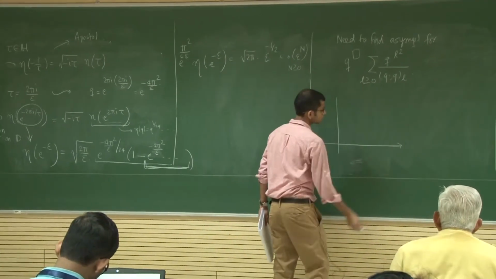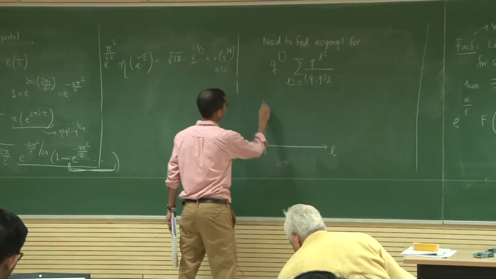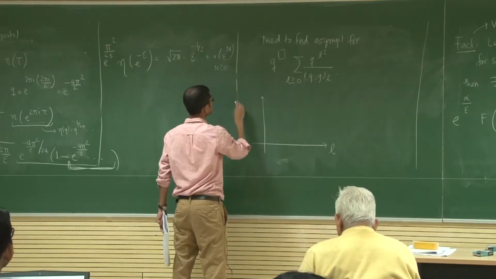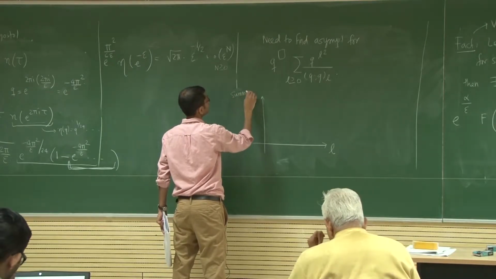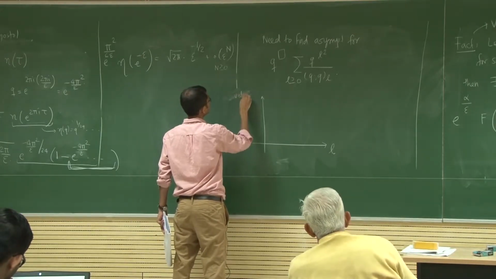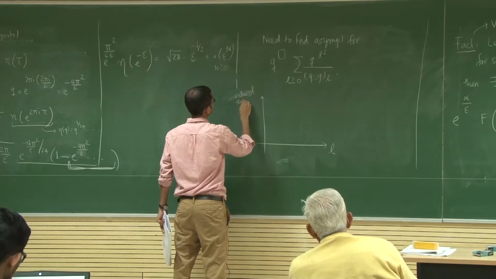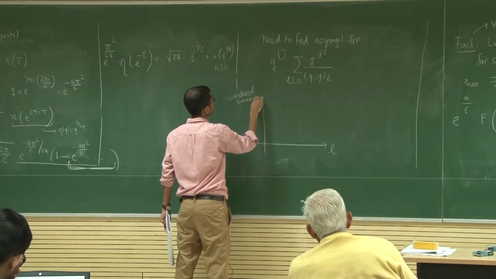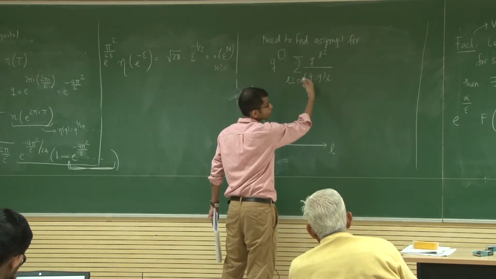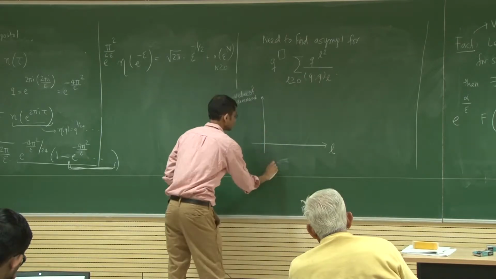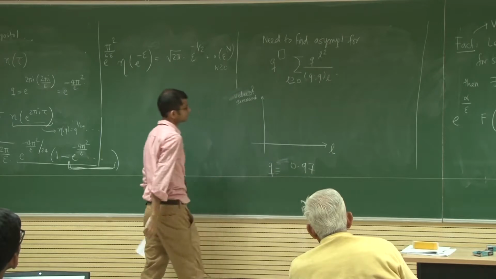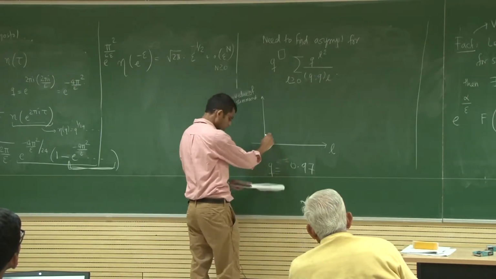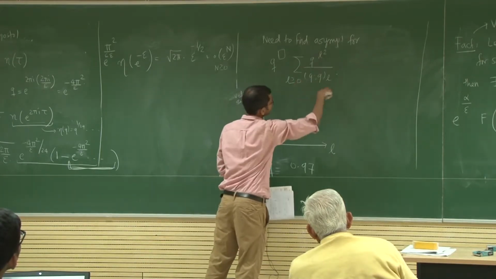So on this axis, I'll plug in L, our summand, and I'll plot the value of the summand. So this is a sum over many L's. So let's take q equal to 0.97. Okay, you plot L equal to 1, what is this summand equal to?